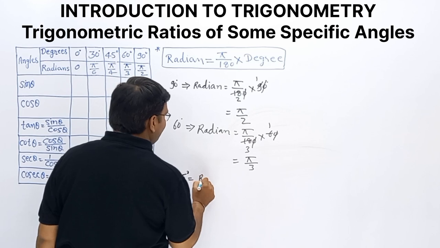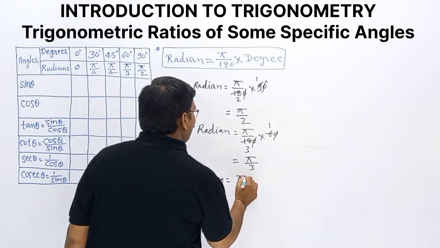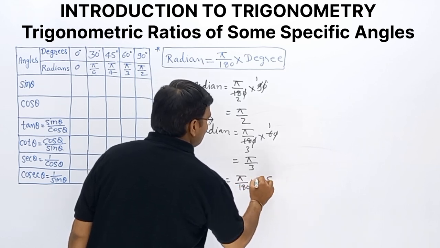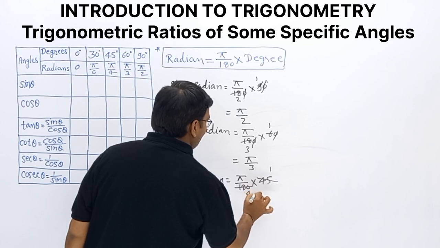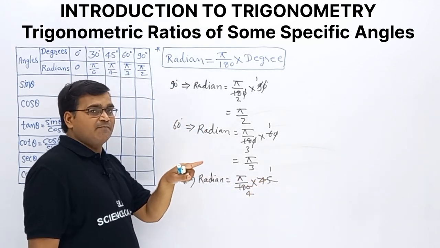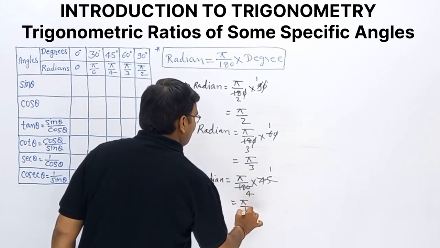Now next one, 45 degree. How do we get it in radian? Radian equals pi upon 180 into 45. Once we solve, one time it goes and 4 times it goes. 45 twos are 90 and 45 fours are what? 180. So we are getting pi upon 4.